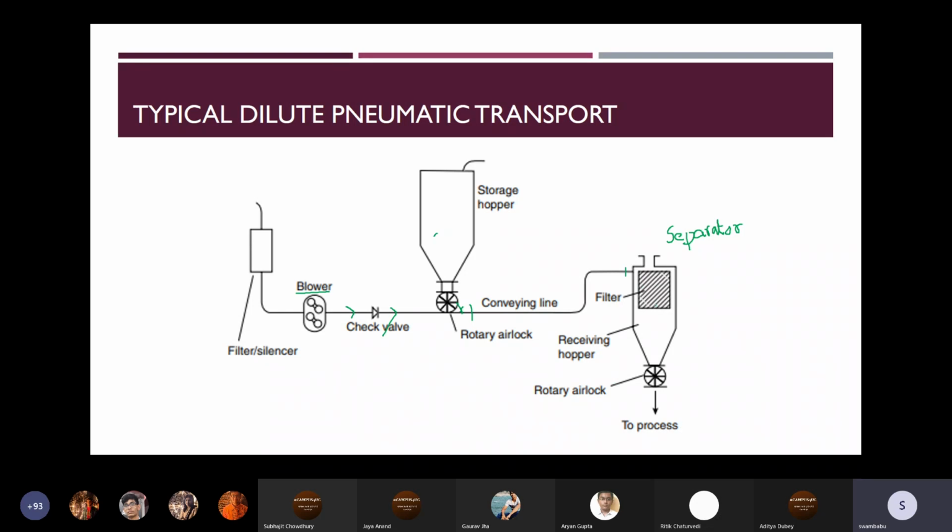So the particles are separated and fall down, and the gas moves upward. That way, the particles are transported from this silo to this process. We have shown a very small length, but often this will be 30 meters, 40 meters, 100 meters, depending upon the requirement. So this is all about the dilute phase pneumatic transport.